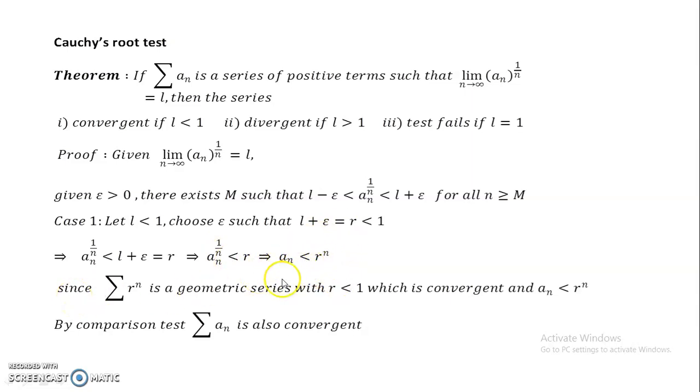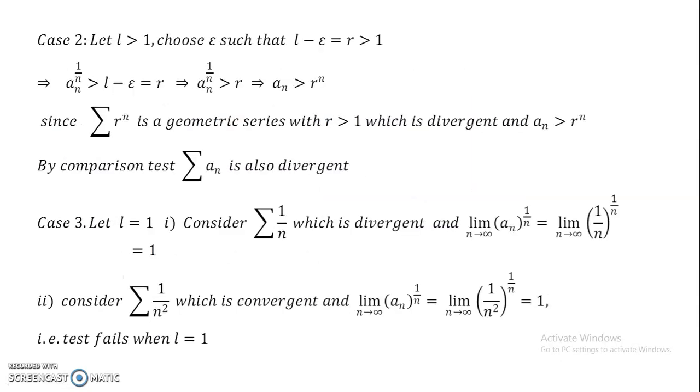We can treat Σ R^n as a geometric series with R less than 1, which is convergent; if R is greater than 1, it is divergent. So in this case R is less than 1, which is convergent, and when we compare an with R^n, where an is less than R^n, then by the comparison test the series Σ an is also convergent.